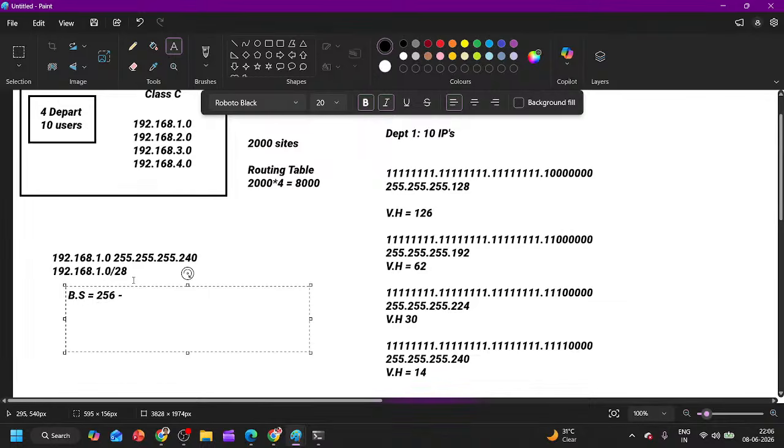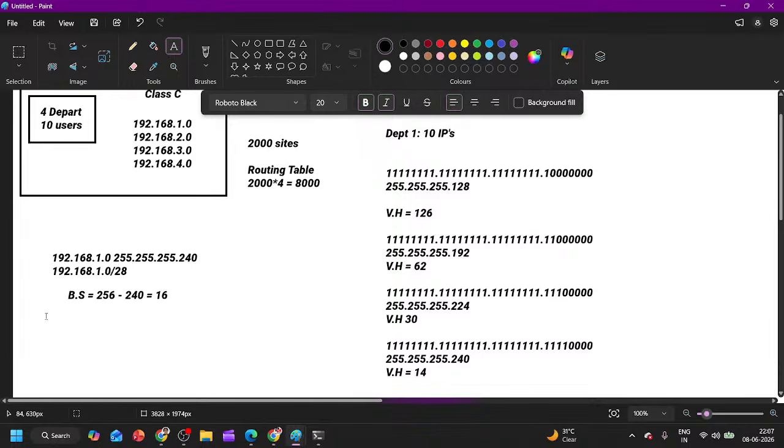Last octet means subnet mask of that octet where last one is present, last network bits is present, means 240. It is going to be 16. So 16 is the block size. Total 16 IP addresses are there inside your network. 2 are reserved, one for network ID, one for broadcast ID, and 14 IP addresses are usable.